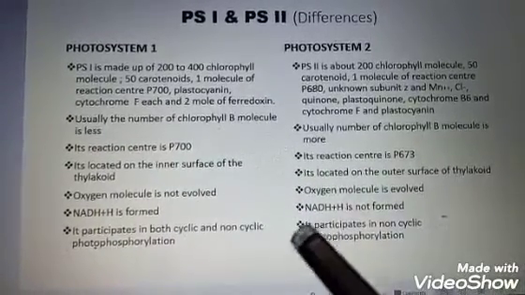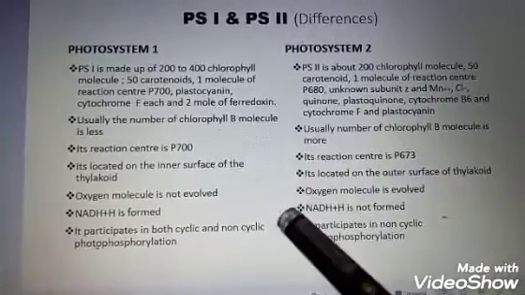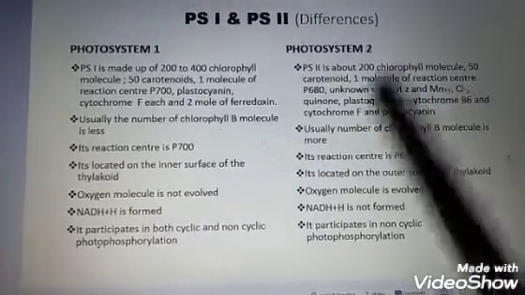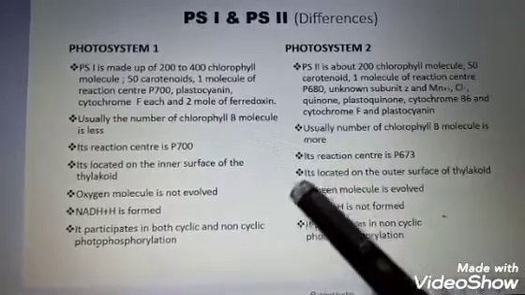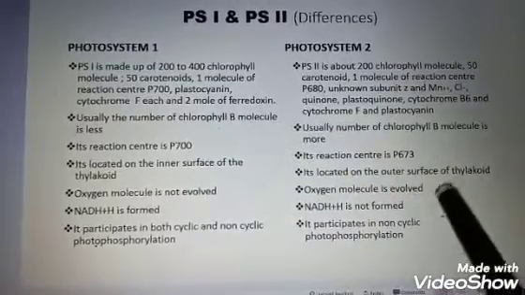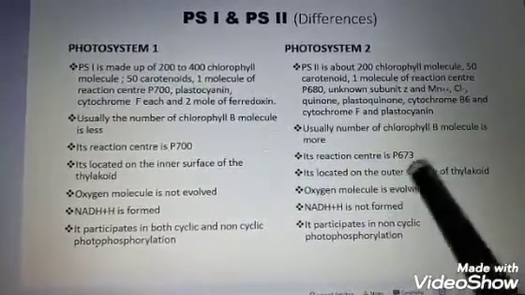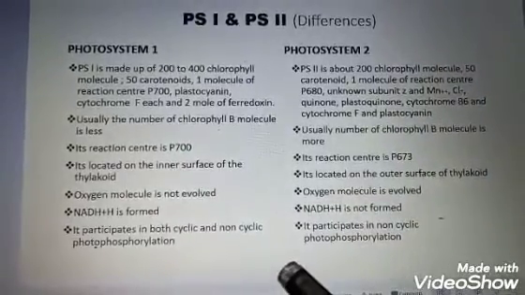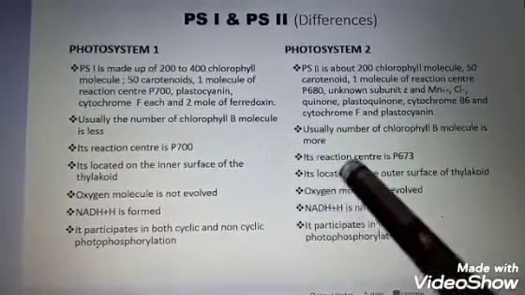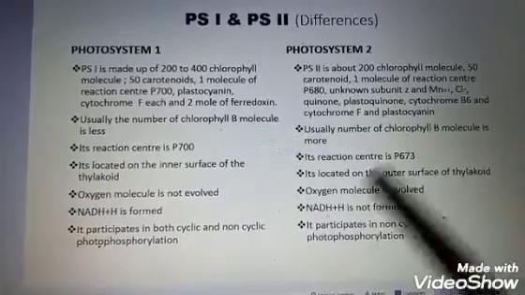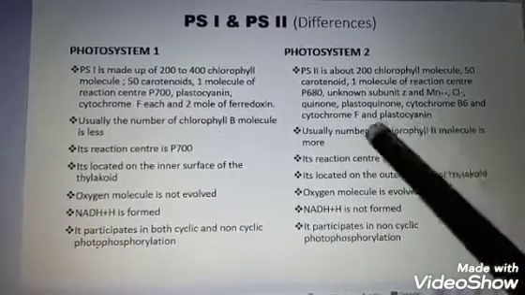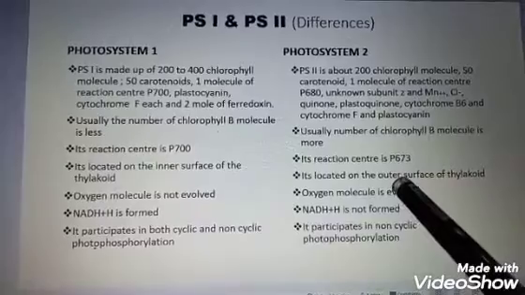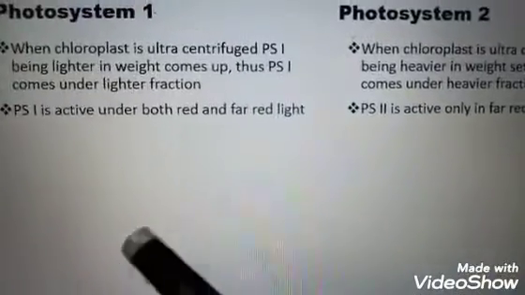In photosystem 1, oxygen is not evolved, whereas in photosystem 2, oxygen is evolved. In photosystem 1, NADPH2 is formed, whereas in photosystem 2, no NADPH2 is formed. Photosystem 1 participates in both cyclic and non-cyclic photophosphorylation, whereas photosystem 2 participates only in non-cyclic photophosphorylation.